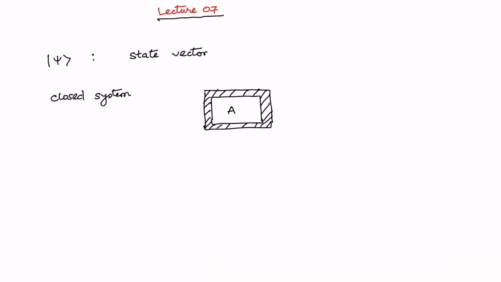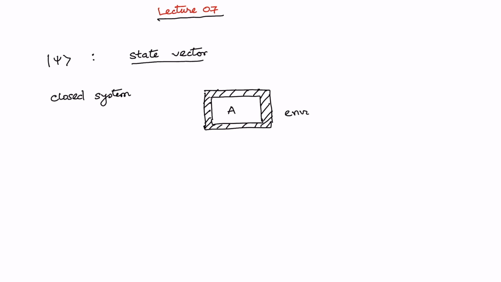So let's begin. We know from the postulates of quantum mechanics, and as we have discussed in lecture 1 in some detail, that the state of a quantum system is represented by an object called ket psi, the so-called state vector. Generally, we can represent the state of a system, say A, if the system is not interacting with the environment.